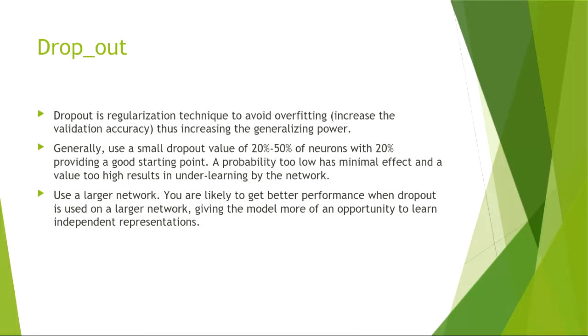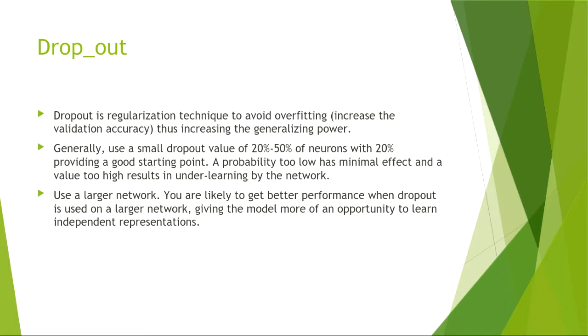When we say 20%, we mean that 20% is a good value to keep. You can set the value between 20% to 50%, because when you set a very low value, it will have minimal effect, and when you put a high value, your network will underlearn, meaning it is not learning well.